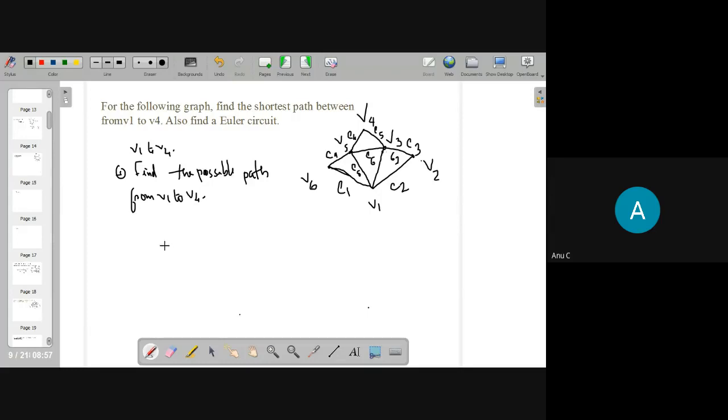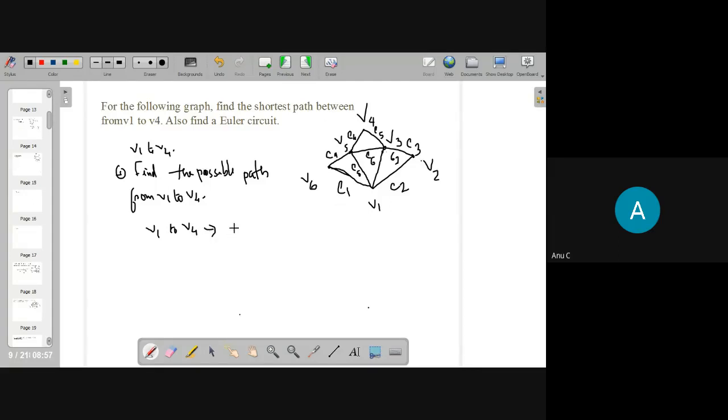So what are the possible paths from V1 to V4?